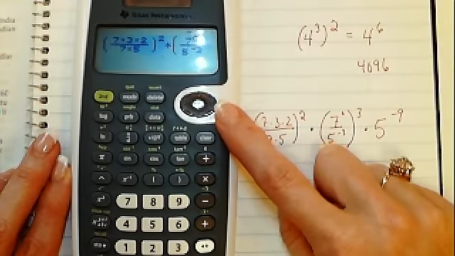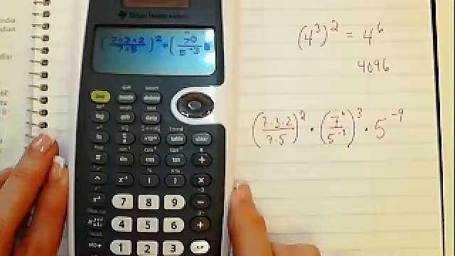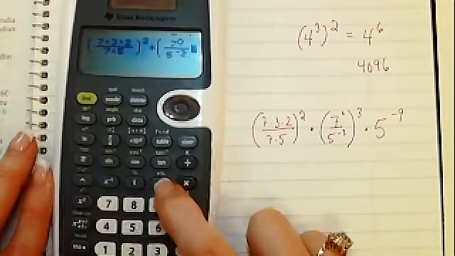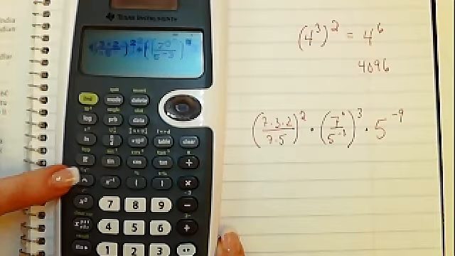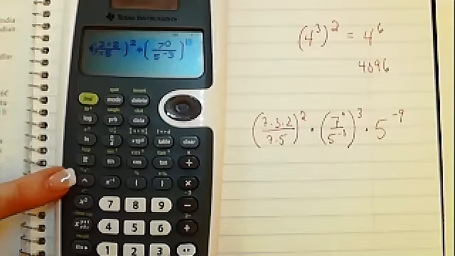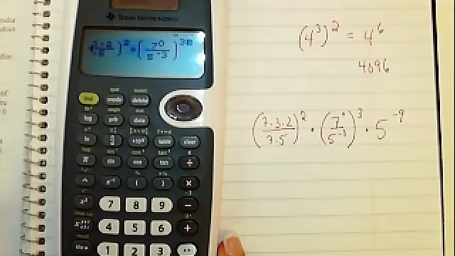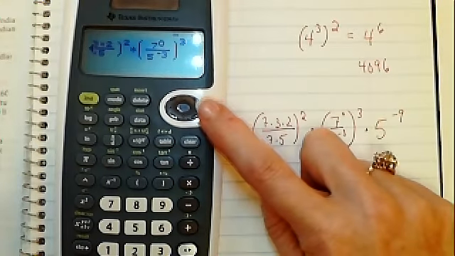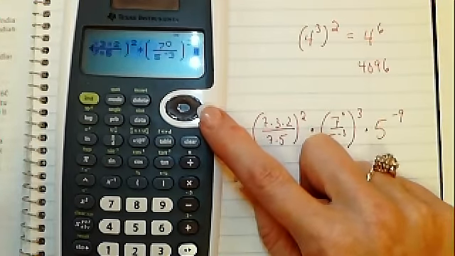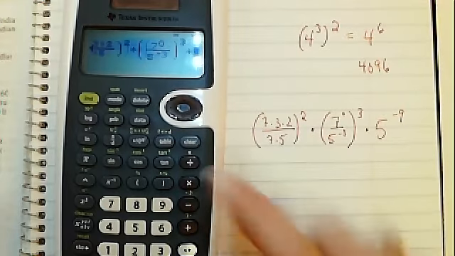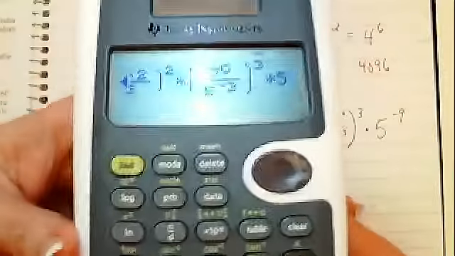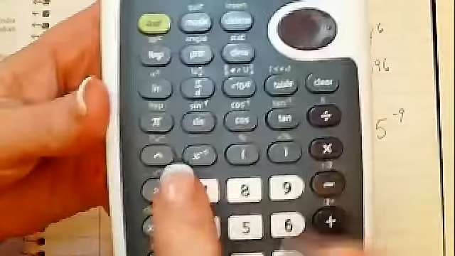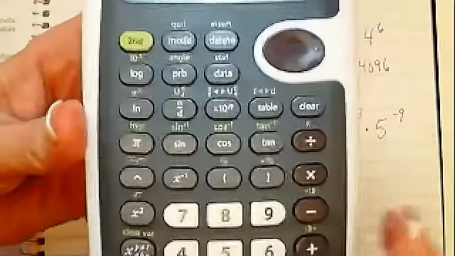Now to end my parentheses, I have to right arrow to get out from the denominator. I'm going to right arrow click, and see how the cursor jumped up. Now I'm going to end my parentheses. Now I'm going to use my caret button, and all of that is to the 3rd power. The cursor is still up there in the exponent section, so I have to right arrow click again, and then I'm going to say times, and now 5 raised to the, so I need my caret button right there, and then that's a negative 9.